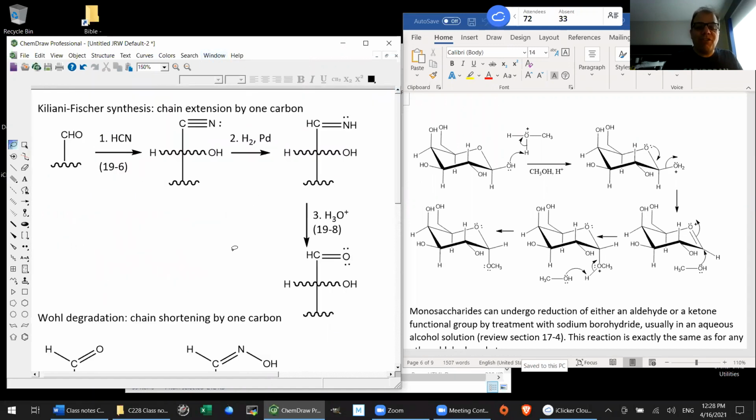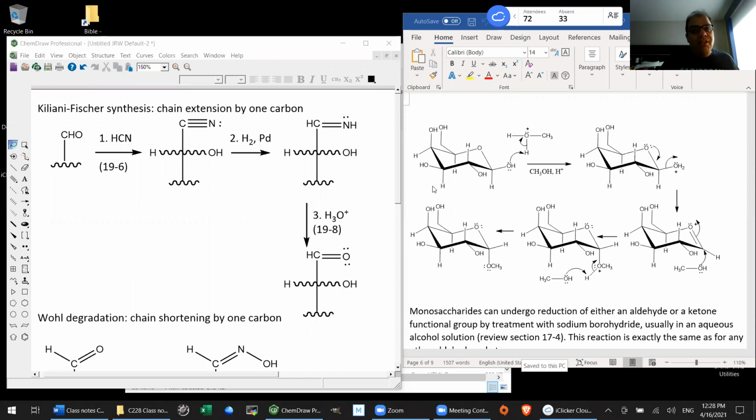So as I was going to say, the other things I really wanted to go over were the so-called Kiliani-Fischer synthesis and Wohl degradation. And these are processes that we can carry out on simple sugar molecules that are easiest to understand when we consider sugars in the straight chain form. And really, I think the sugar needs to be in the straight chain form in order for either of these processes to happen.